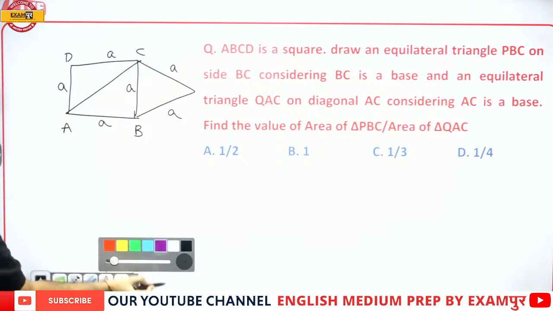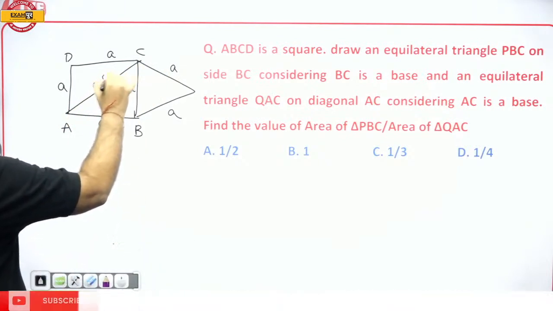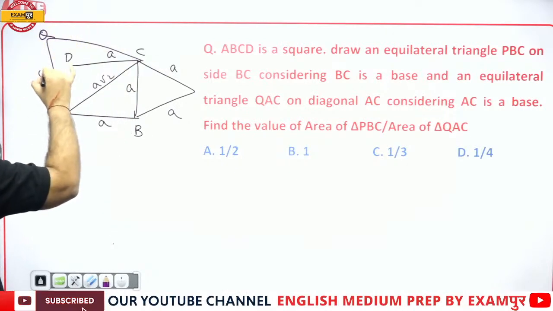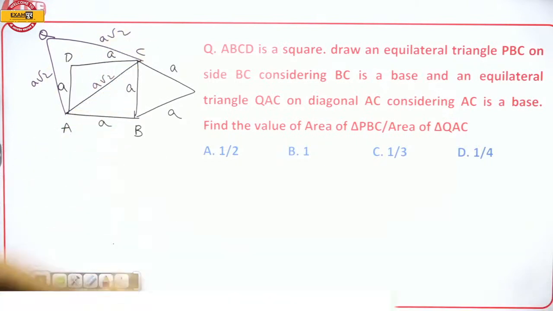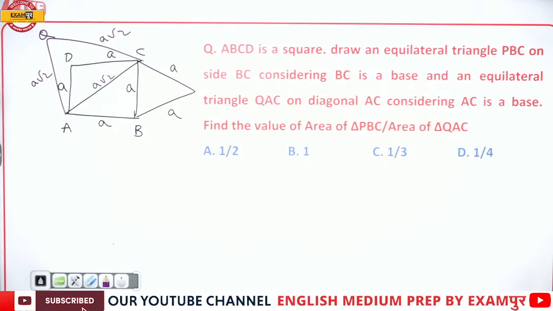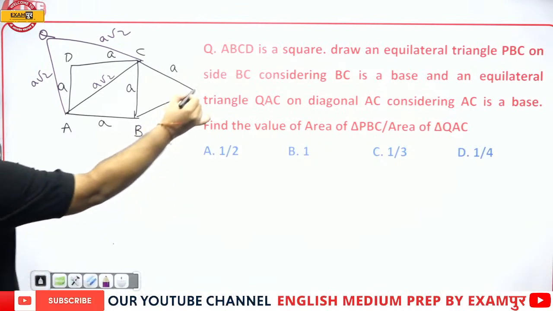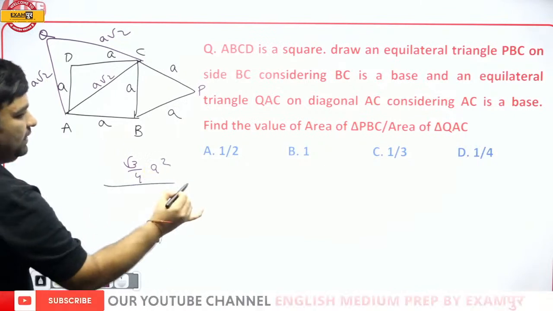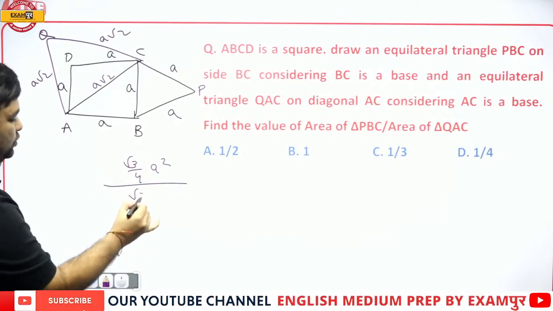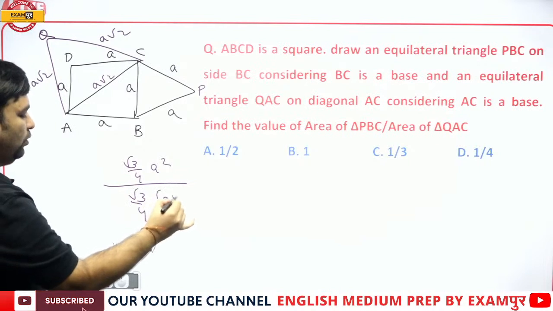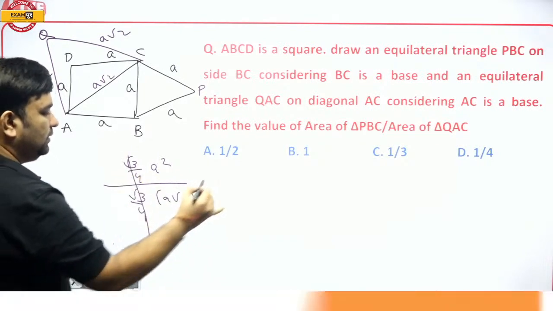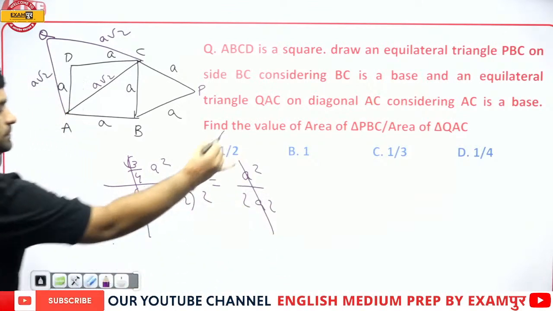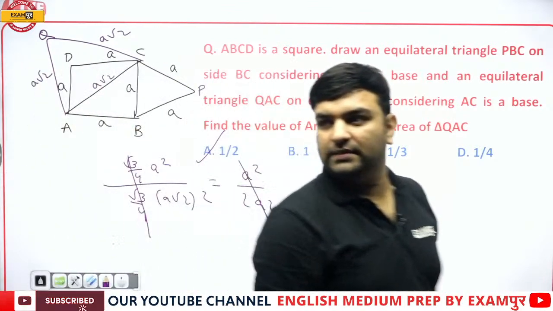The diagonal is a root 2, so QAC is another equilateral triangle of side a root 2. What is the area of PBC? Area of PBC is root 3 by 4 a square. And the area of QAC is root 3 by 4 into (a root 2) whole squared, which is a square by 2a square, so the ratio is 1:2.